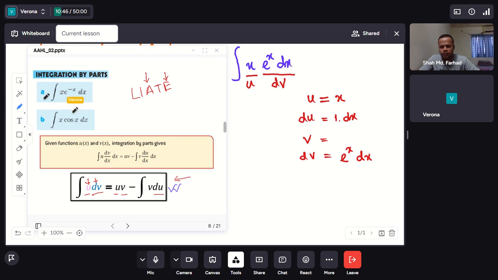If we go for the first one, we have to put a negative sign here. Now, how can we find v? We integrate dv so that we will get v, right? So it would be negative e to the power negative x.